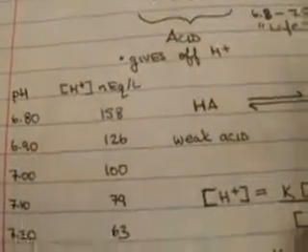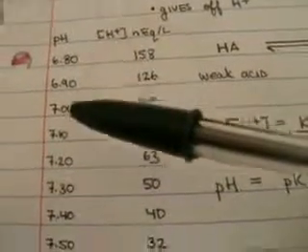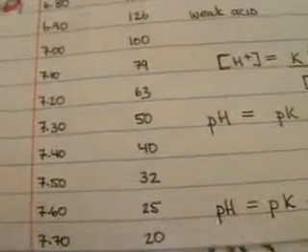Compared to a pH, as it increases from 6.8 to 6.9 all the way up to 7.7, we can say that the pH at 7.7 has a hydrogen ion concentration of approximately 20 nanoequivalents per liter. So we can think of pH as a representation of the hydrogen ion concentration within a particular solution.